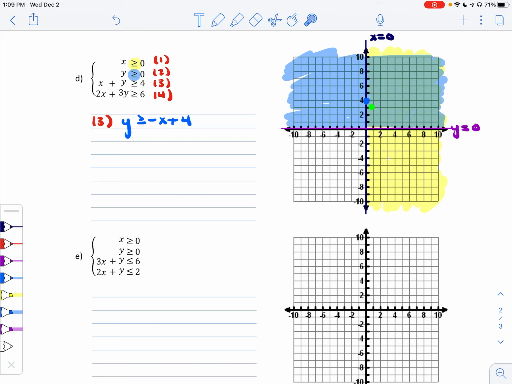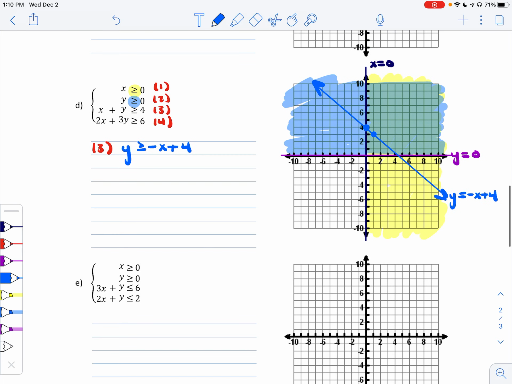So down 1 over 1. And just connect our points with a straight line. And that's our graph. Okay, and we want where this is greater than or equal to. So we're looking for everything that is above that line.